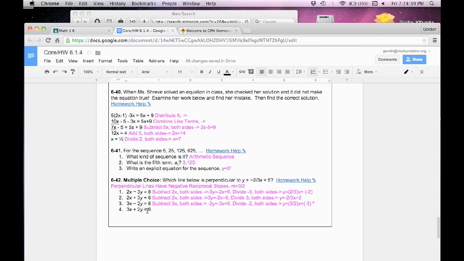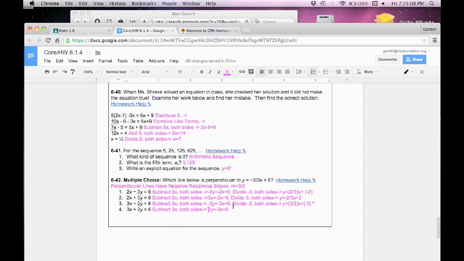If we do the same thing here, of course we would start by subtracting 3x from both sides. So that would be exactly the same. It's always good to solve everything, even if you think you have the answer, just to make sure that you haven't made a mistake. So we get exactly the same thing, only we'd have positive 2y equals negative 3x plus 6. So that would be the same, except for the negative would be gone because here it's plus.